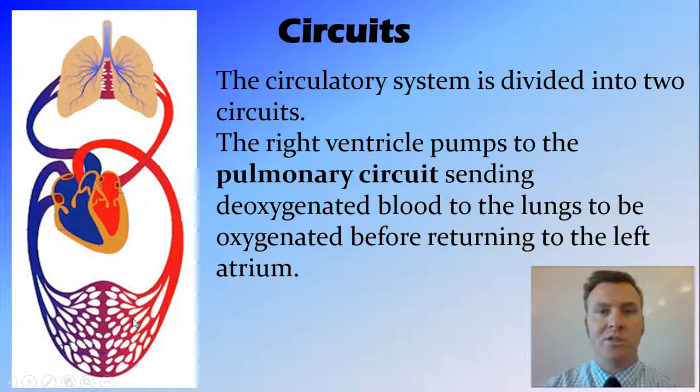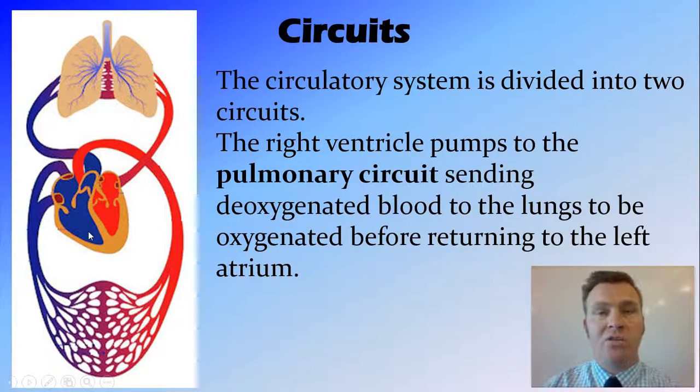Now the body uses the oxygen for cellular respiration, so deoxygenated blood is then returned to the right hand side of the heart to the atria through the vena cava, the superior and inferior vena cava. It then travels through the tricuspid valve to the right ventricle, back to where we started.